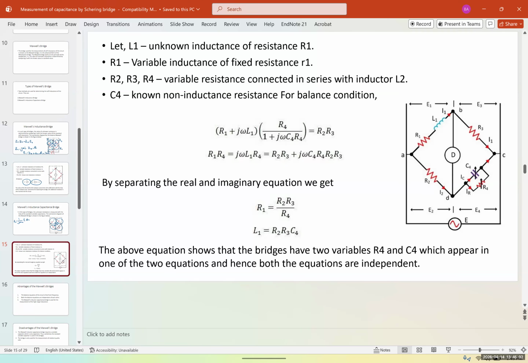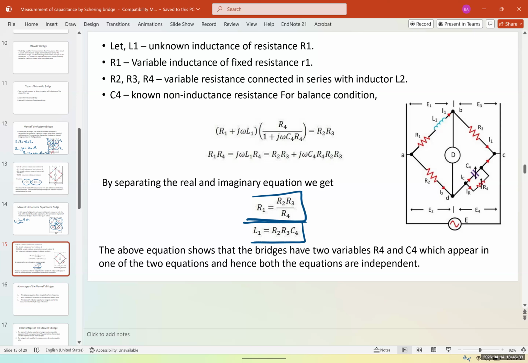Now, because we have the capacitor, we add that, and by separating the imaginary and real parts, we get to this equation: R1 would be R2 R3 over R4, and L1 would be R2 R3 times C4. The above equations show that the bridge has two variables, R4 and C4, which appear in one of the two equations, and hence both equations are independent.